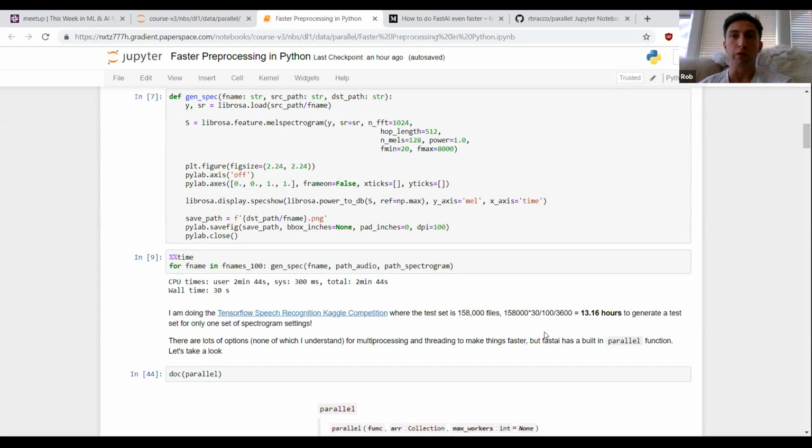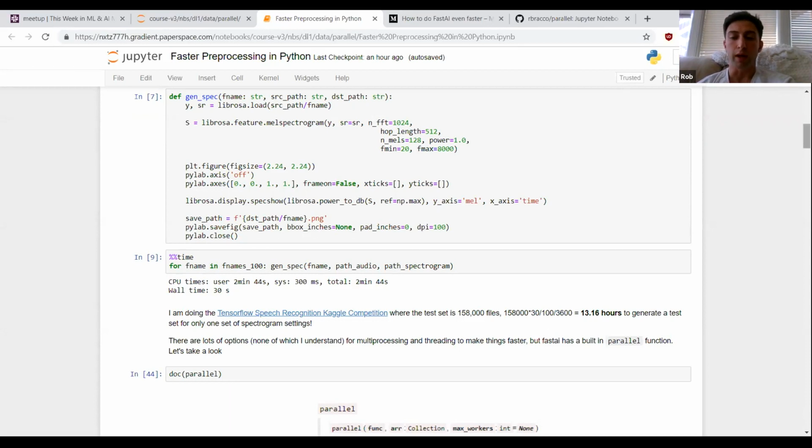My training set was much smaller, and I calculated it was going to take me 13 hours to generate my test set spectrograms for only one set of settings. You can parameterize it a bunch of different ways.